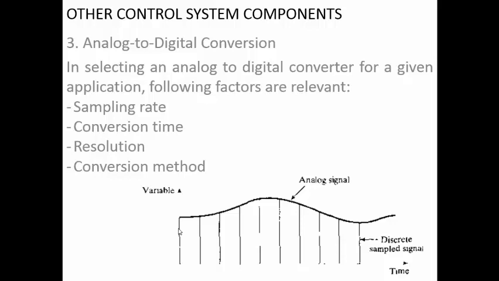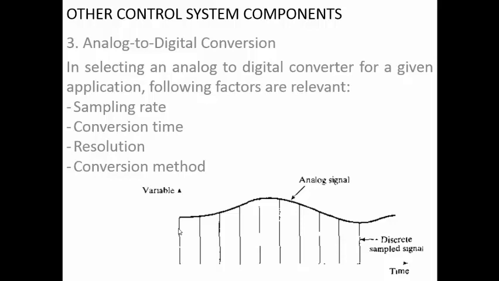Resolution is the smallest change in the output variable that can be detected. So this is very similar to the camera resolution that we are having. So what is the smallest size of the image that can be clearly seen?